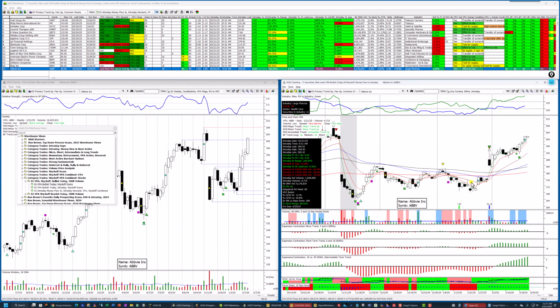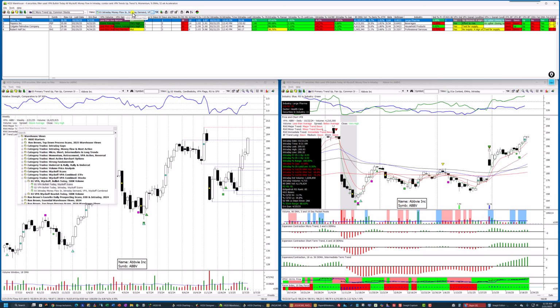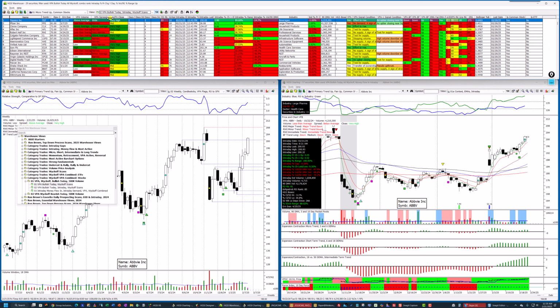Now I'm going to go back and just go to the micro trends, and I'm going to stay on the intraday money flow in. There's only 4 securities that are up. I'm sorry, let's go back. And there were 29 before, so you can see how this really weeds out the stocks that are not up.